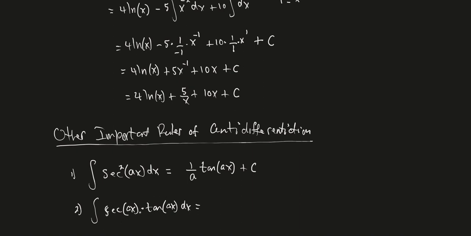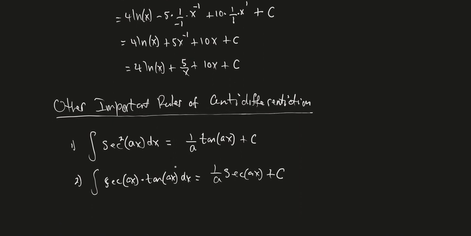Well, we know that the derivative of secant x is secant x times tangent x. So that means the antiderivative of secant ax times the tangent of ax is going to be, again, that familiar 1 over a, and then we'll have our secant of ax plus c.